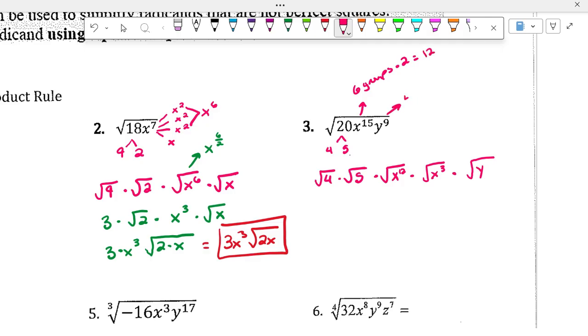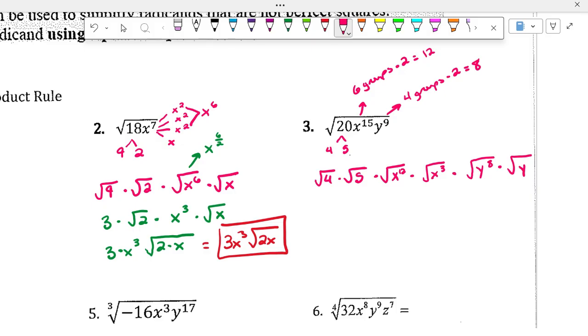If you can get 4 groups, multiply that by 2, that means your exponent's what? 8. So y to the 8th, how many's left over? Y. That's how you logic your way through this. Does that make sense, guys?